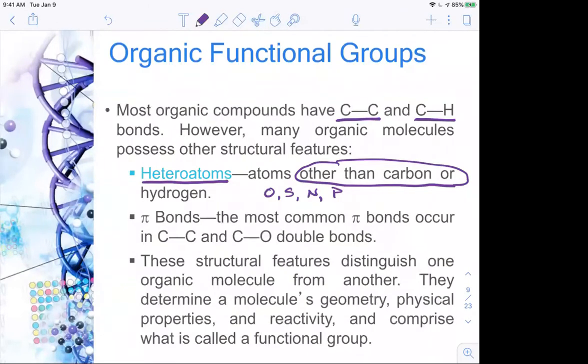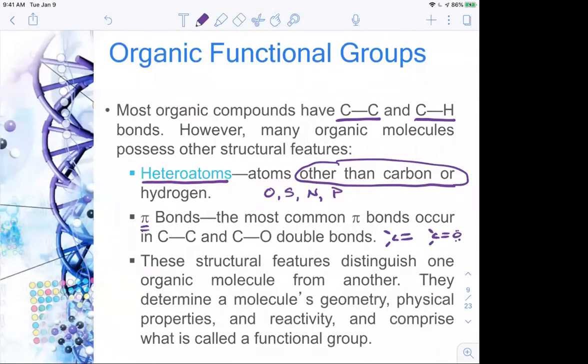I can also have pi bonds. Remember, I could have a carbon with a double bond or a carbon that has a double bond to oxygen, and that is going to have those pi bonds. I have one sigma bond, and then the second is that pi bond.